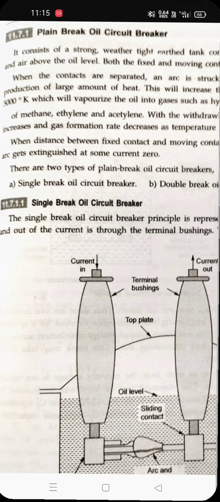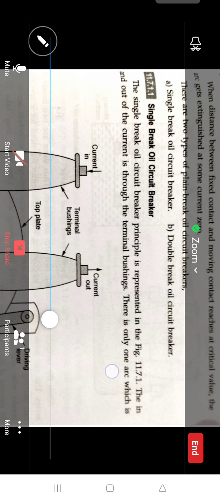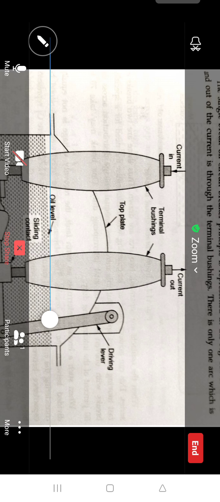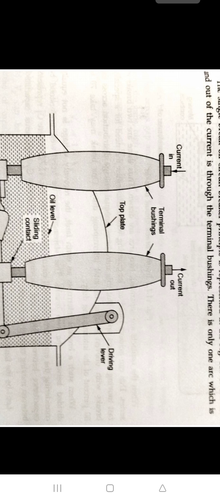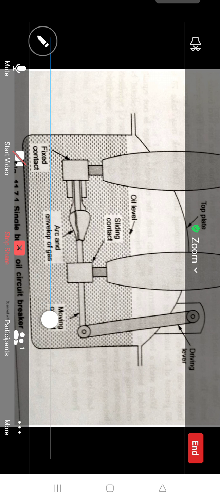Let's see first the plain break oil circuit breaker. It consists of a strong weather tight earthed tank containing oil up to a certain level and air above the oil level. Both the fixed and moving contacts are immersed in oil.